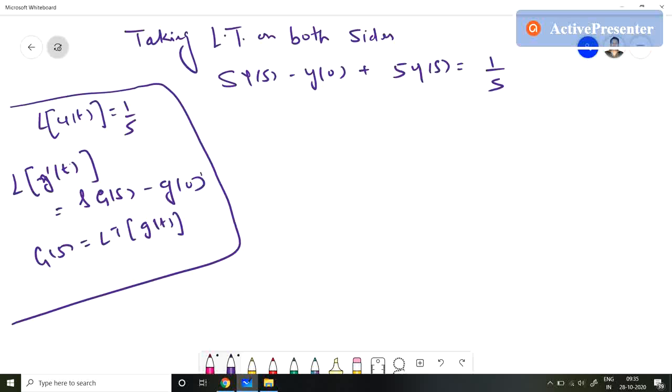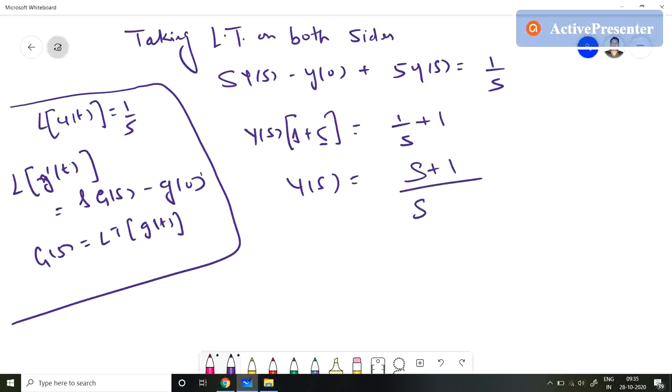Now we can collect Y(s) terms together. So Y(s)(s plus 5) is equal to 1/s, and the value of y(0) is 1, so it is 1/s plus 1. So Y(s) is written as (s plus 1)/(s(s plus 5)), and that is equal to A/s plus B/(s plus 5).